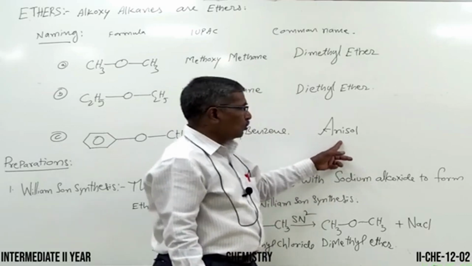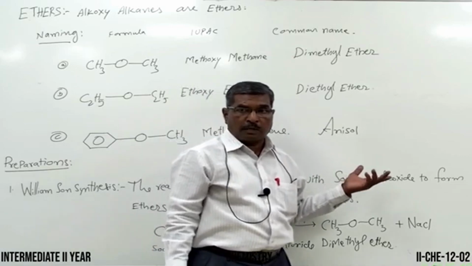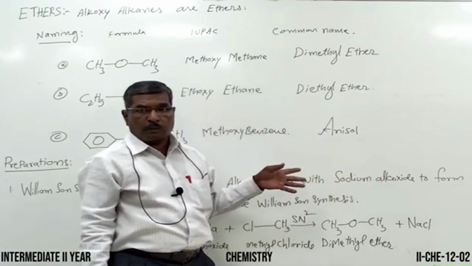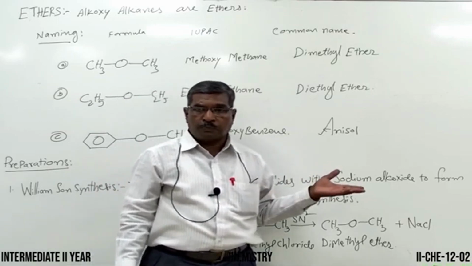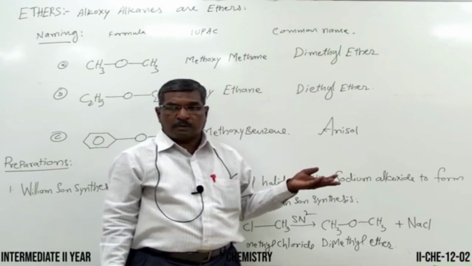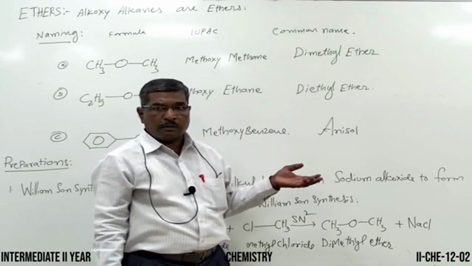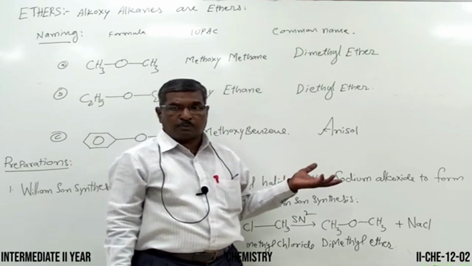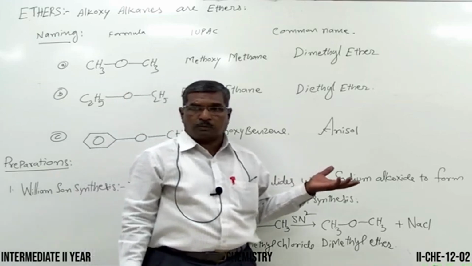Sometimes they ask like this: what is anisole? Is it an alcohol, aldehyde, ketone, carboxylic acid, alkyl halide, or an ether? They will give four options: alcohol, aldehyde, ketone, ether.